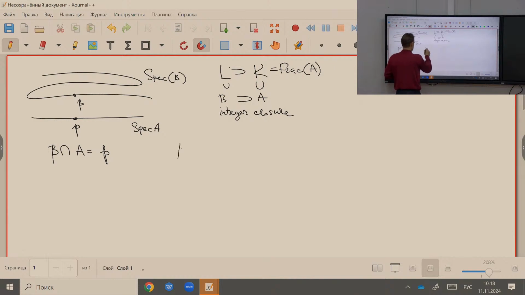So we define the norm map of B as follows.